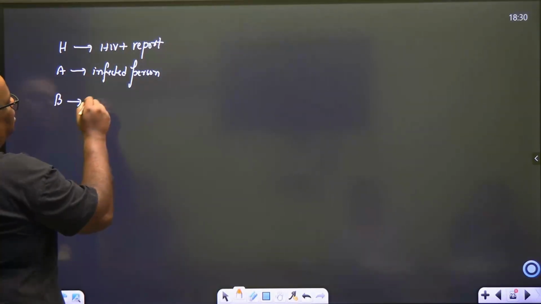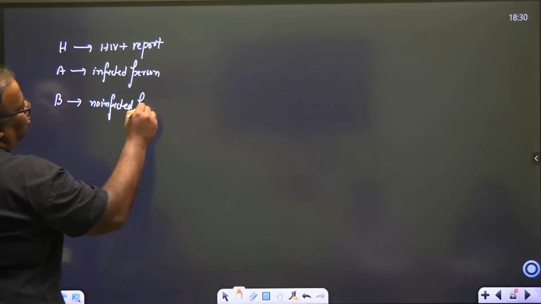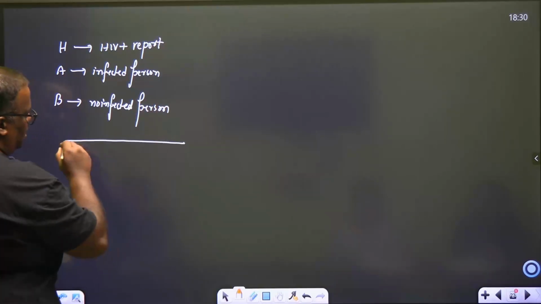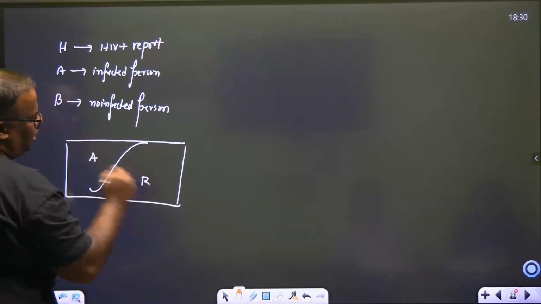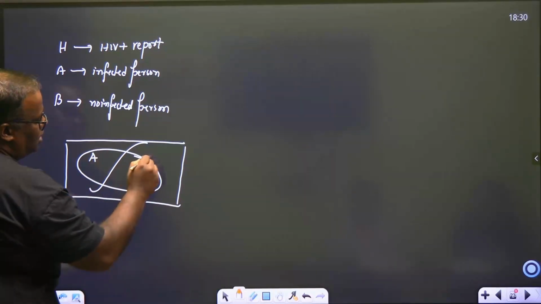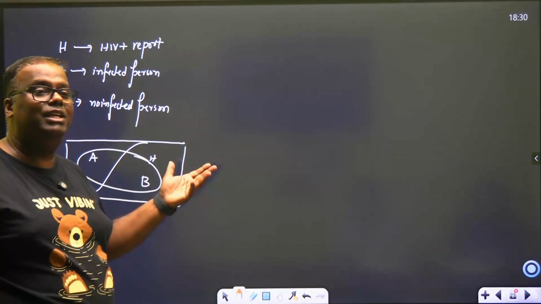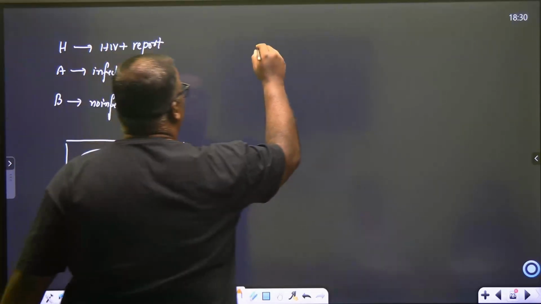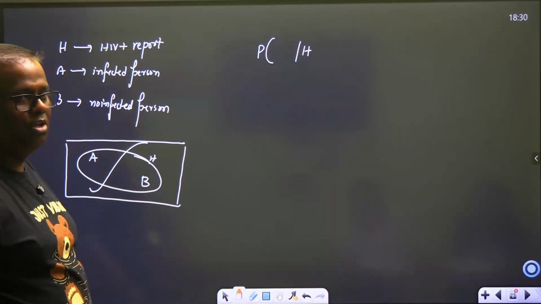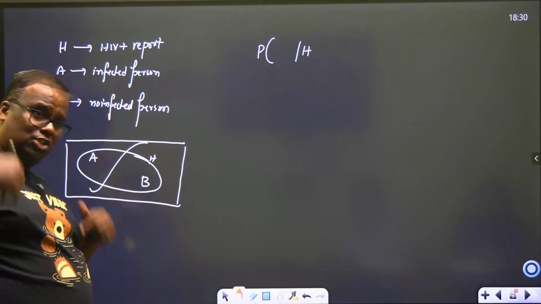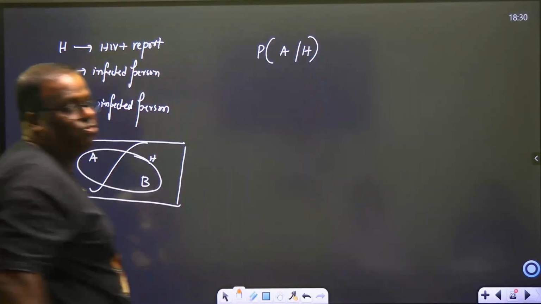B is a non-infected person. You have A category people, you have B category people. And the HIV positive report is hovering out here. A person has been handed an HIV positive report. That means H is an HIV positive report. What is the probability that he actually has HIV? Now that it is given, this is what we have to find out.